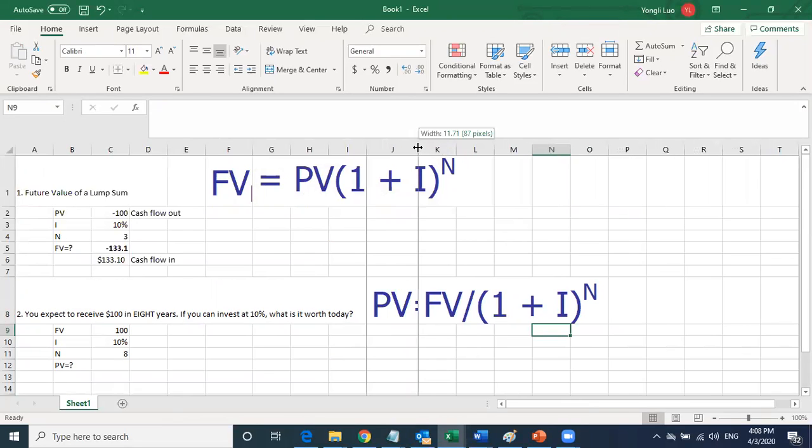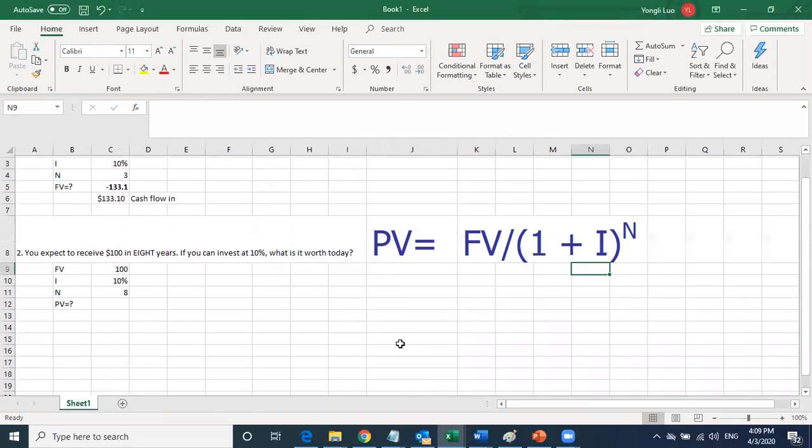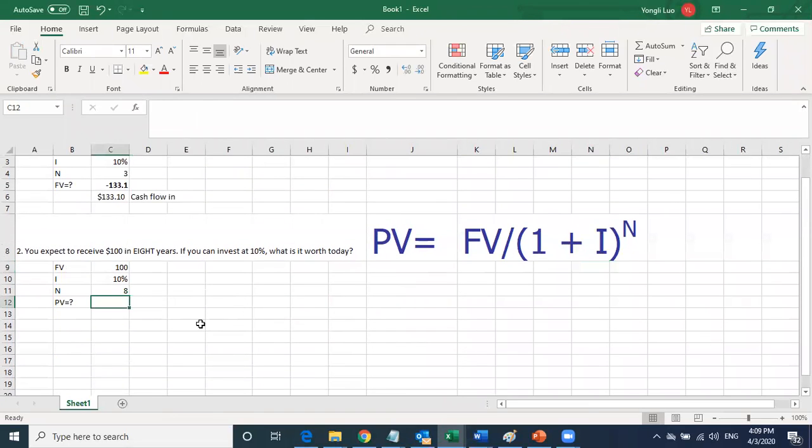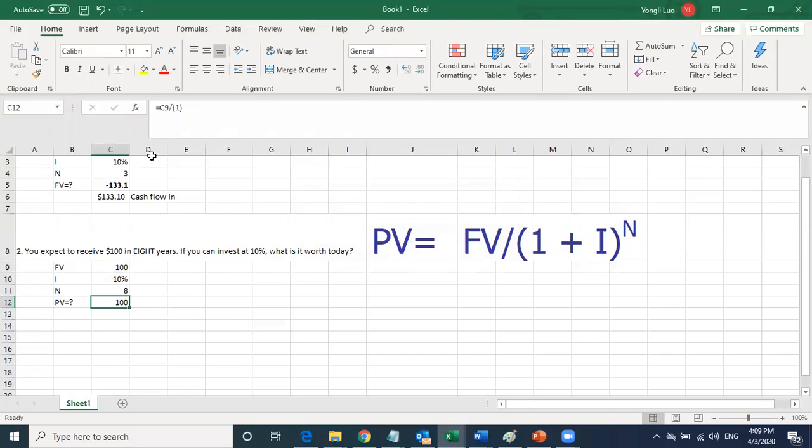Okay, so your present value equals your future value divided by 1 plus interest raised to the power of n, right? So your present value will be your future value divided by 1 plus the interest rate and raised to the power of n, okay?